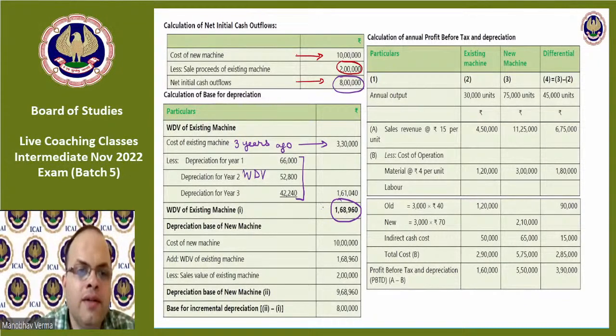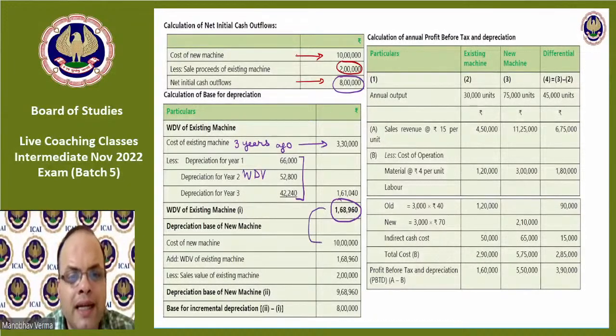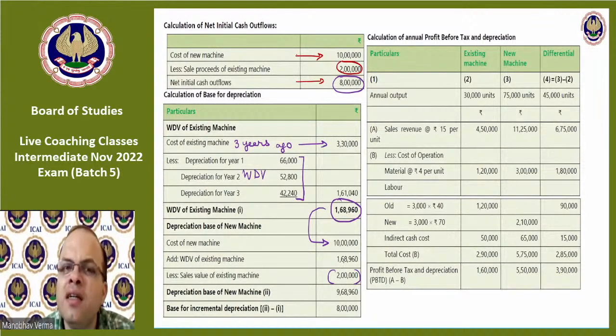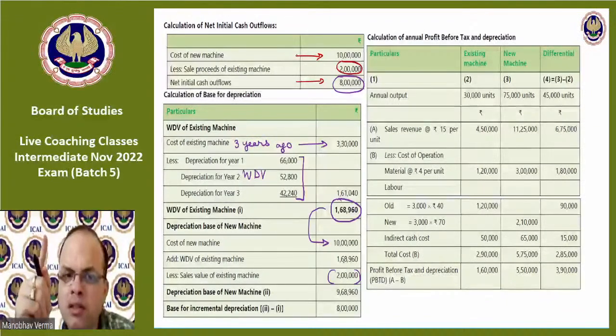Let us say that this 1,68,960 is in the existing block and I acquire the new machinery for 10 lakhs. Once I acquire this for 10 lakhs, I will sell the existing machinery for 2 lakhs. So what is the impact on the block of the assets, guys? 10 lakh is an addition. 2 lakh is a sale value.